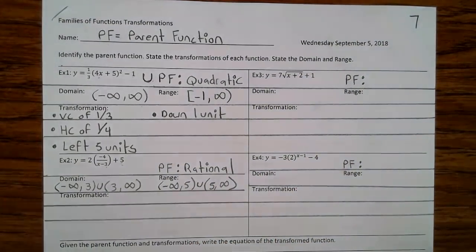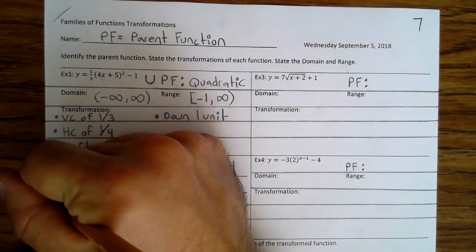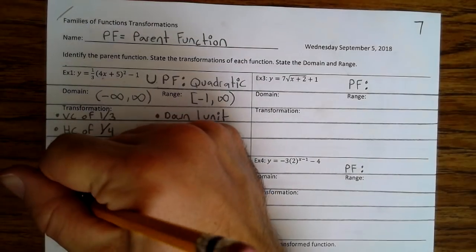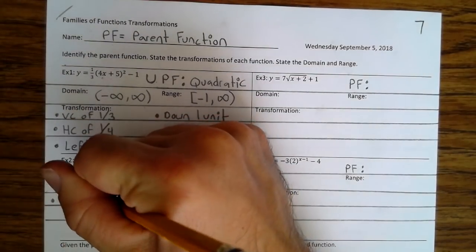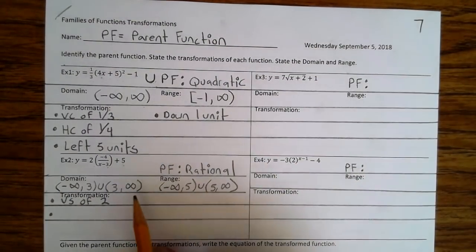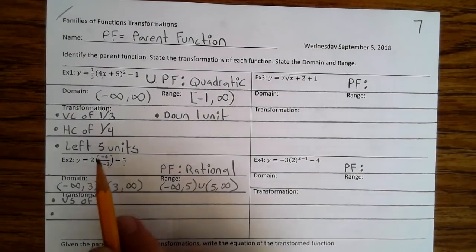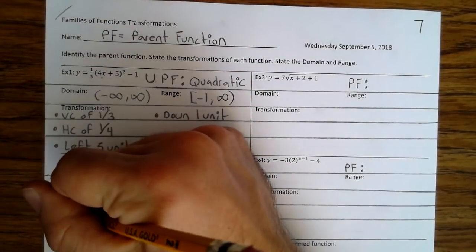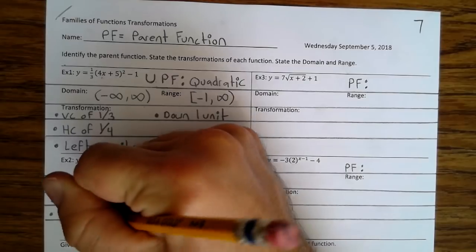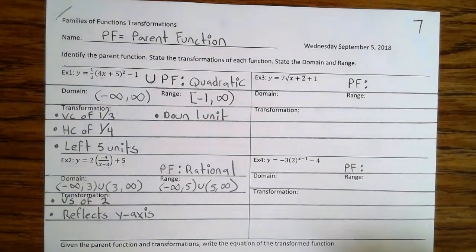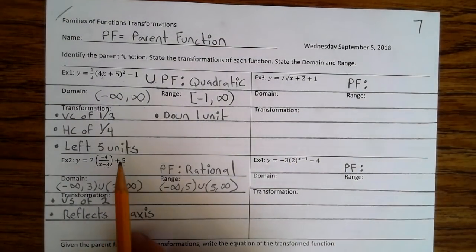All right, so the transformations. So we have the 2 in the front, that's a vertical stretch of 2. We have the negative inside of the parentheses, so that reflects over the y-axis. Now we have the 4.